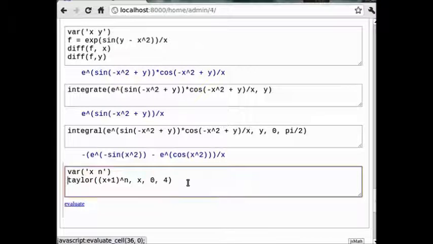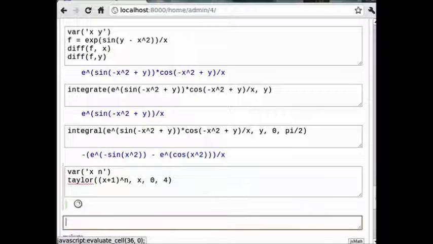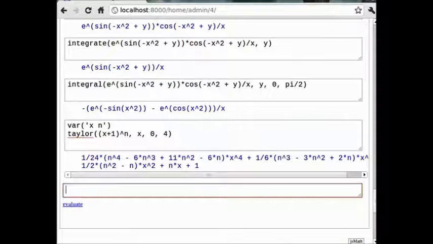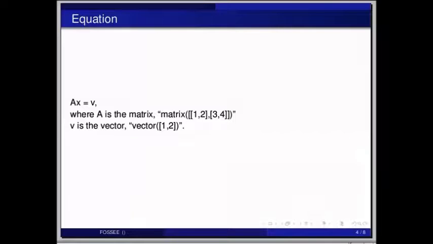We easily got the Taylor expansion using the taylor function. So this brings us to the end of the features of Sage for calculus that we are looking at. For more, look at the calculus quick reference for Sage Wiki.